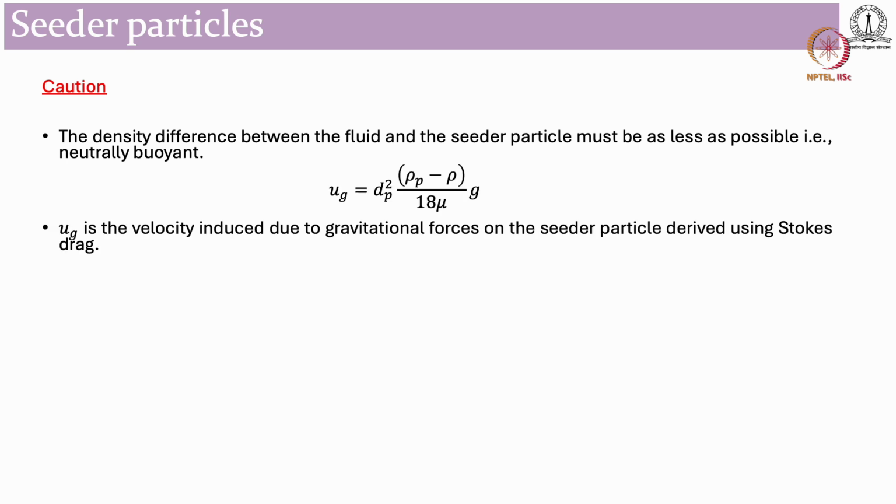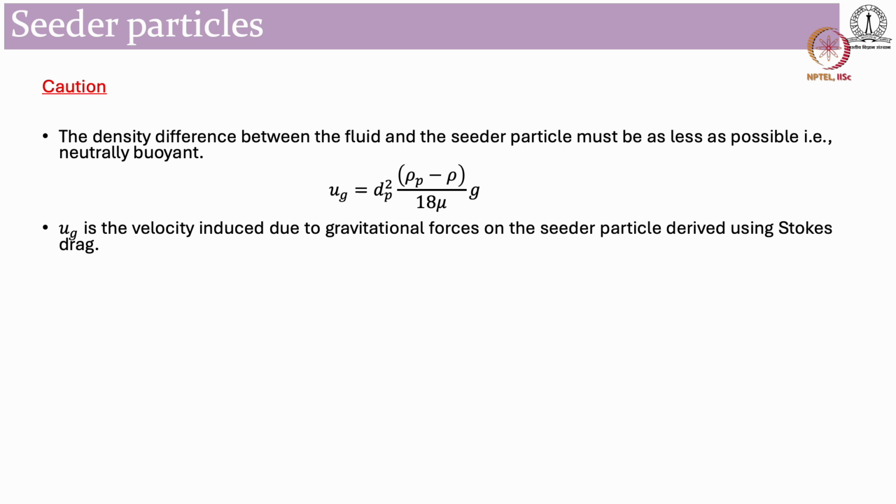So using the Stokes drag and the forces on the particle, you can actually derive a U_G term, that is the velocity induced due to the gravitational forces on the seeder particles. Our aim is to minimize this so that it becomes very small and doesn't affect your flow.